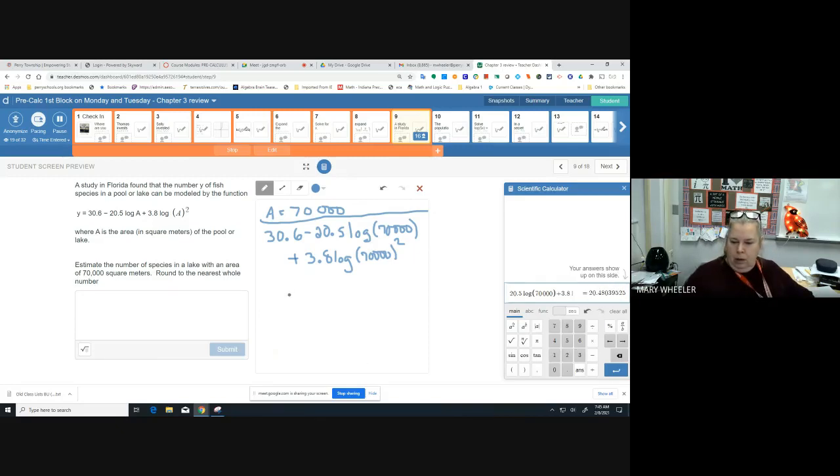And I got 20.48. Well, it says round to the nearest whole number, so 20.